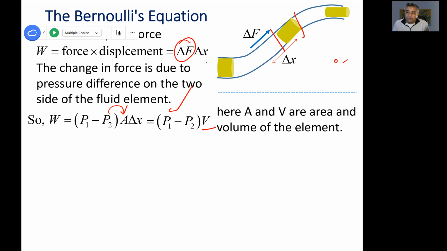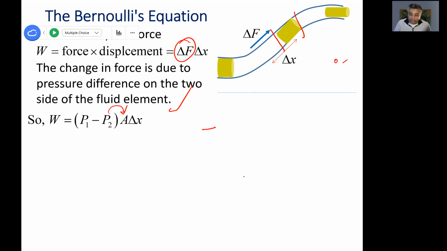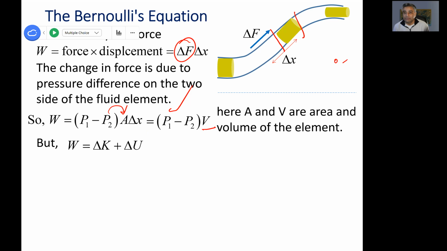For that, we need to go back and look at the relationship between work done and energy, right? Work and energy. Work done can be written as the change in kinetic energy plus the change in potential energy, okay?